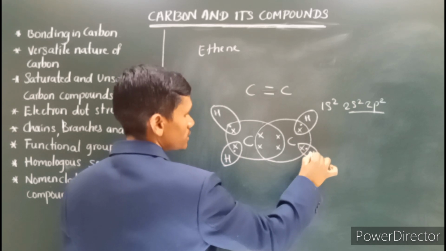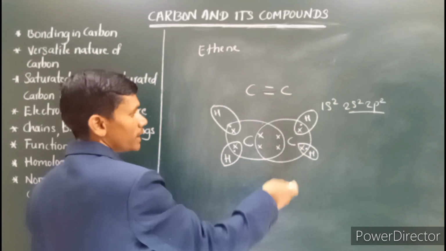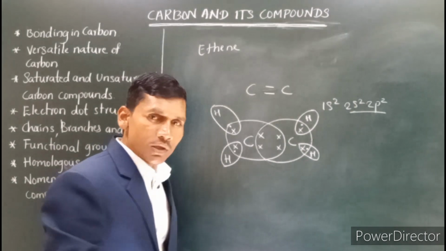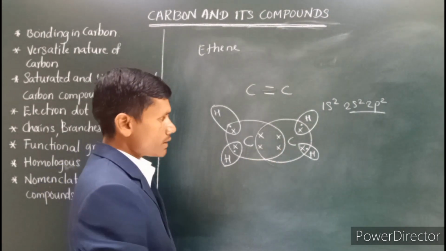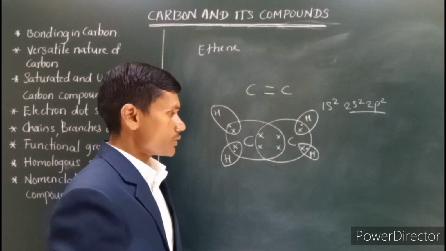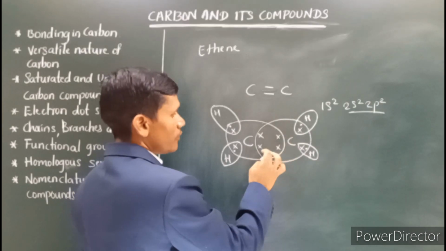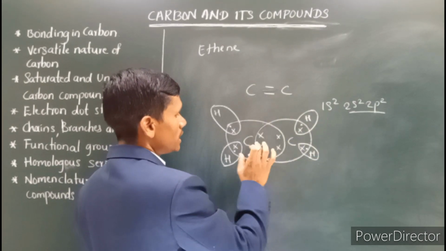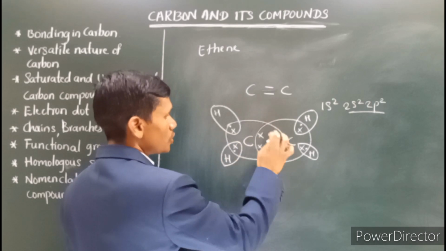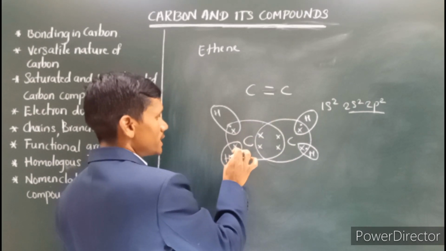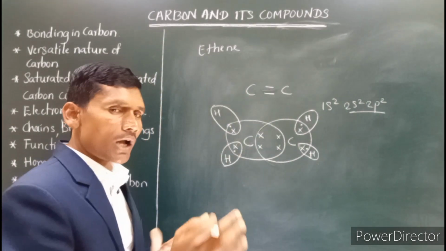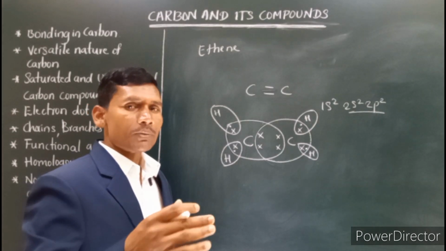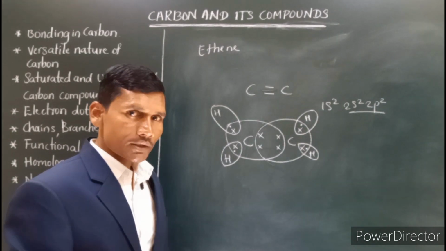Now if you count the number of electrons in the outermost orbit of each carbon atom, there will be 8 electrons. Here it is 4, 2, 6 plus 2, 8 for this carbon. If you take the other carbon, total 4, 6, 8, so both carbon atoms have a completely filled outermost orbit.